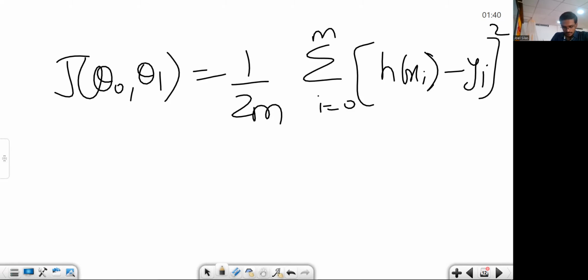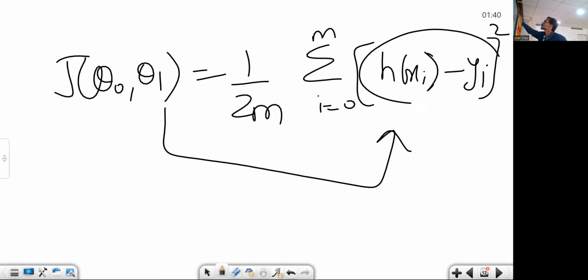We want to minimize this. The cost function indicates the difference between the actual and predicted value, that is the error. So if we want to minimize this, we have a particular algorithm called the gradient descent algorithm.